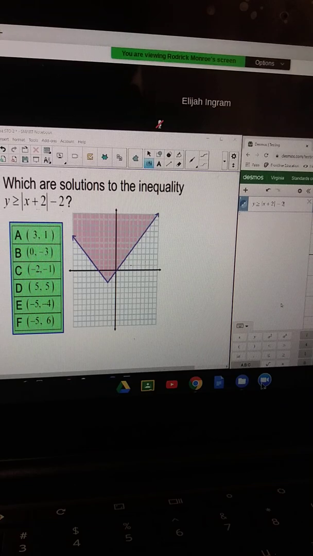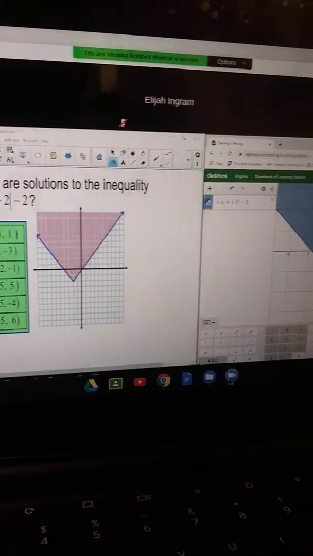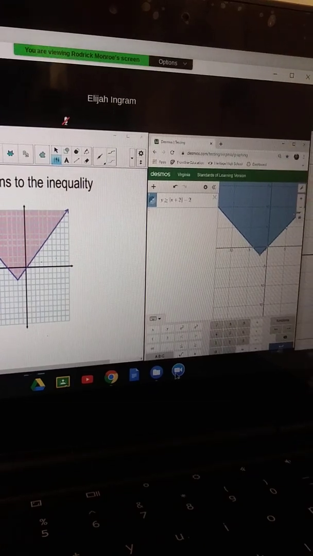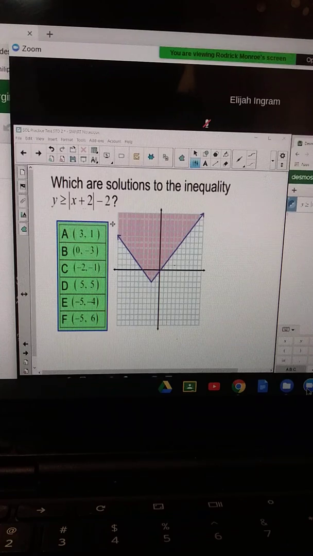Okay. Now, the graphs are the same, but we got to find out which one of these in the green box is a solution. So, with this one, they must fall within the blue box or on the solid blue line. If this is a dotted blue line, we can't have any numbers on the dotted blue line. Only the solid line.